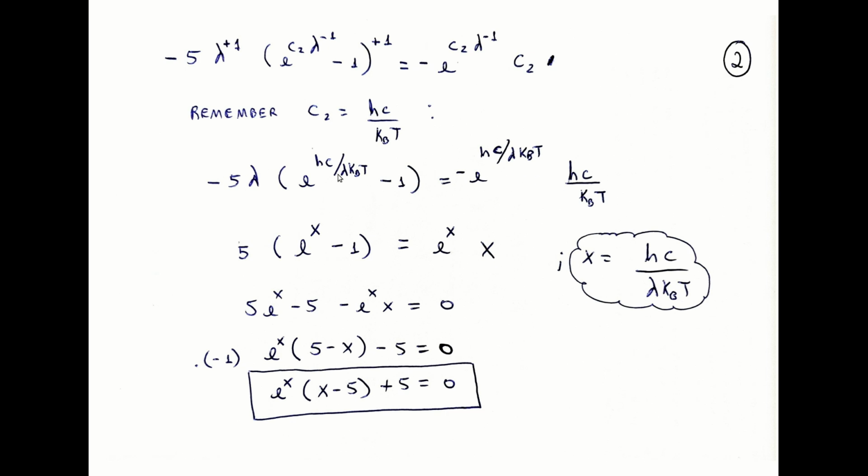Okay, but then I can transfer this lambda to the other side and call hc over lambda kt. Remember, because I have hc lambda kt here, hc lambda kt here, and then here. So I can just call this x, because this x actually has the two variables that I'm interested in, lambda and t.